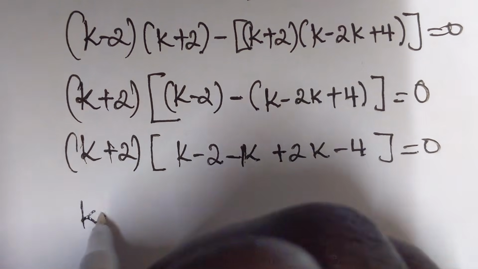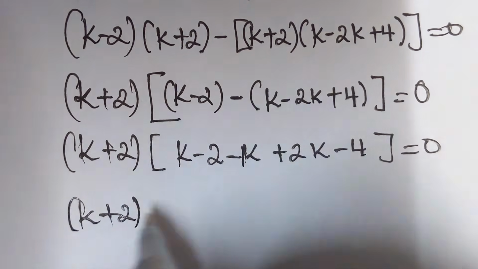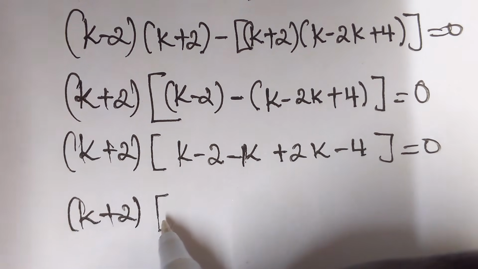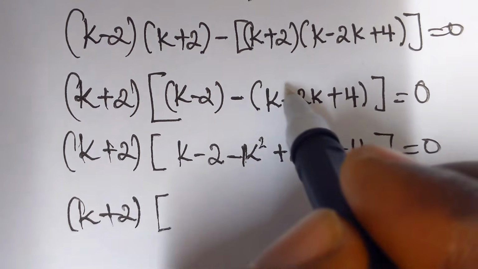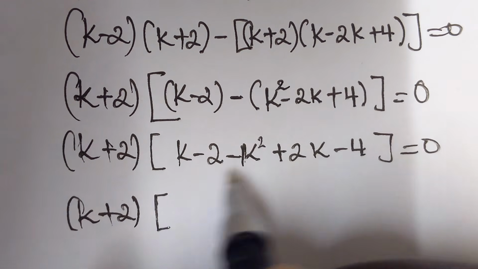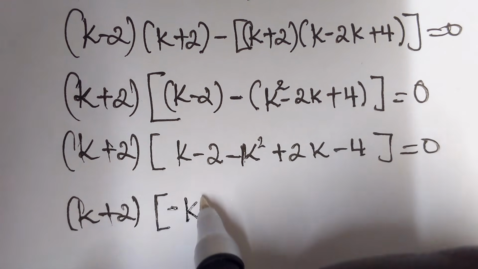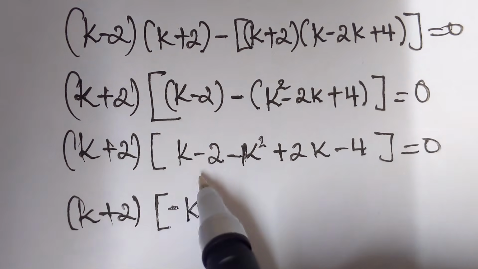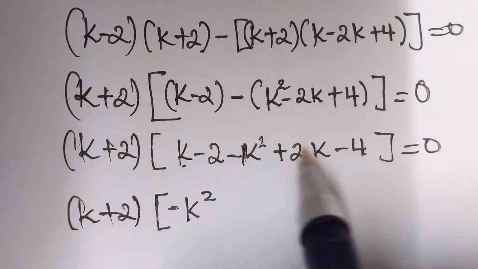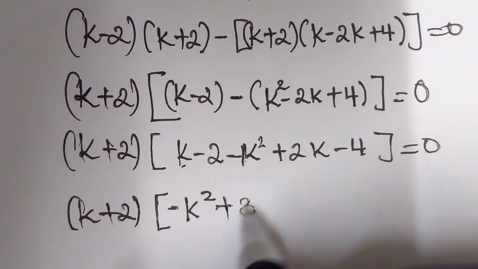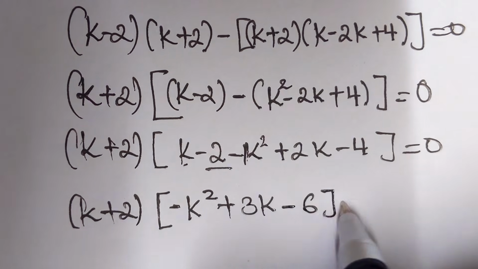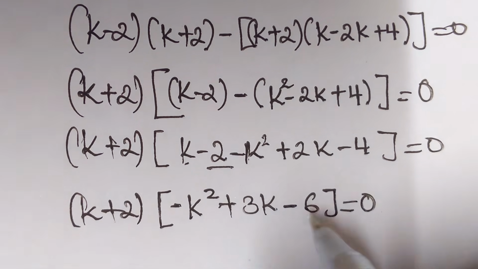And here we have negative k squared, then minus 2k plus 3k, and this we get negative 6, which equals 0.